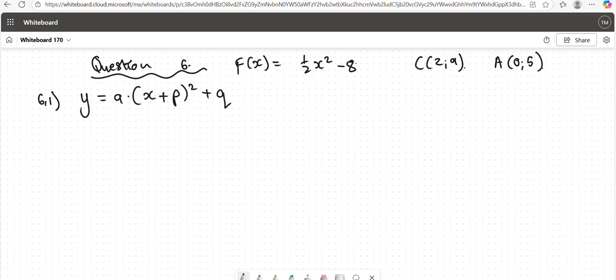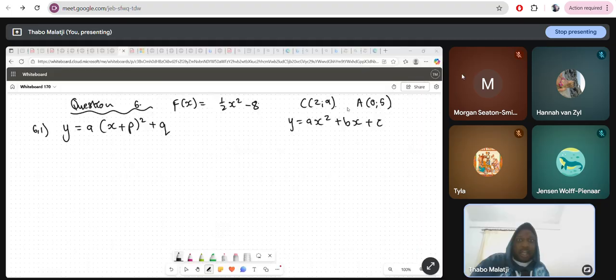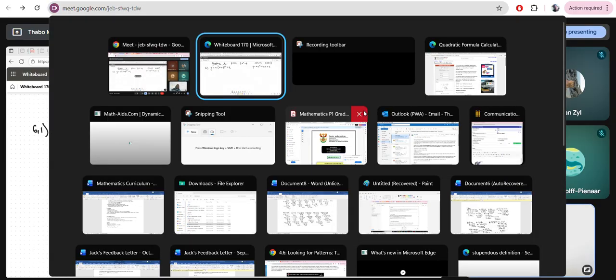Once I've done it in this equation, I just need to expand it to give it in the form they wanted. So take note of that. Even though we are given the turning point, I do need to use that. There's no other way I can get it besides to use that equation, but at some point I need to expand it to get it in the form that they wanted.